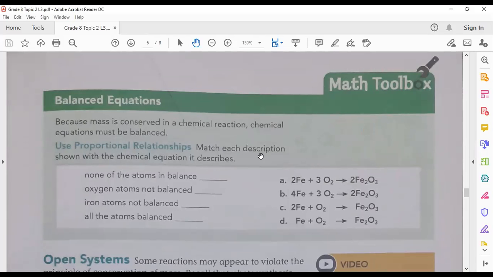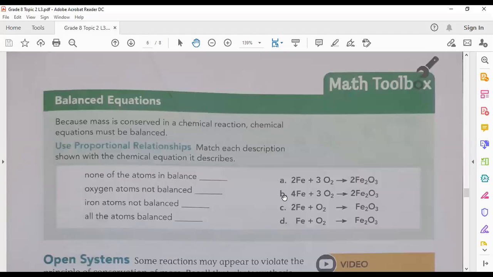Now, match each description shown with the chemical equation it describes. The first description is: none of the atoms are balanced. Which of these chemical equations, A, B, C, or D, matches this sentence?